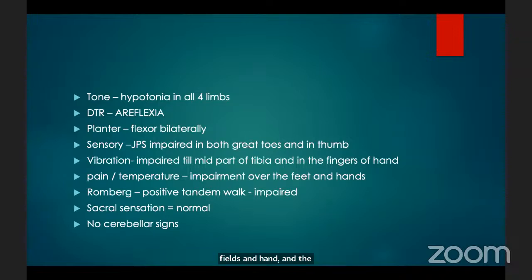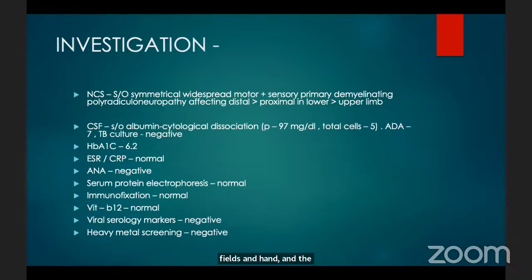Then NCS was done for this patient, which also showed symmetrically widespread predominantly primary demyelinating polyradicular neuropathy, affecting distal more than proximal, and lower more than upper limb. CSF also showed albuminocytological dissociation. The rest of the investigations for paraproteins, immunofixation, viral markers, heavy metal screening, and vitamin B12 were all normal.